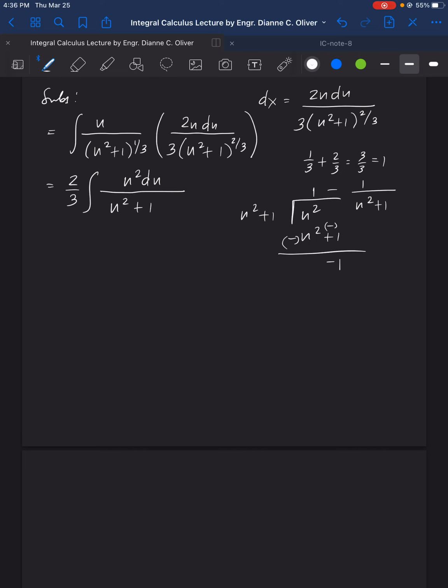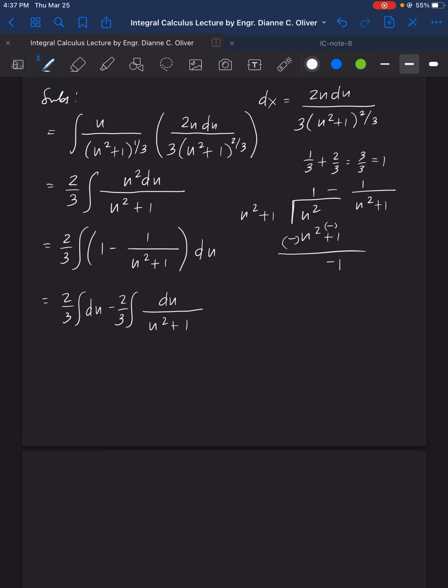So this becomes 2/3 of 1 minus 1 over u squared plus 1 du. Distribute, we have here 2/3 of du minus the integral of du all over u squared plus 1. So 2/3 du over u squared plus 1.